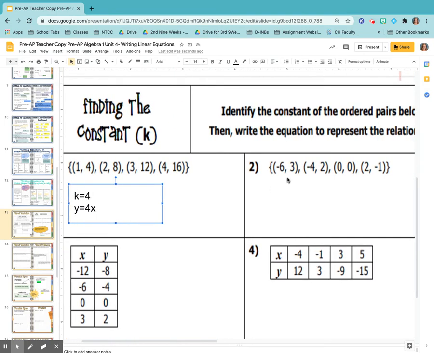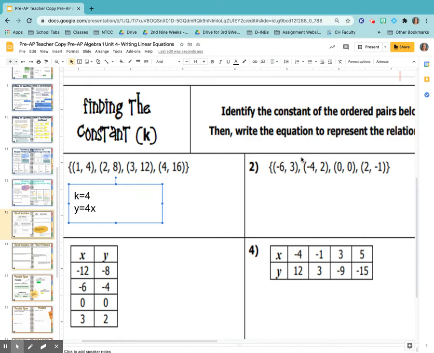Okay, let's do the next one. Maybe we can do it just by looking at it now. -6, 3, -4, 2, 0, 0, 2, -1. What do y'all think it is? -1/2?